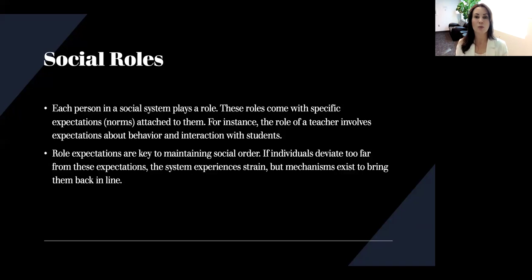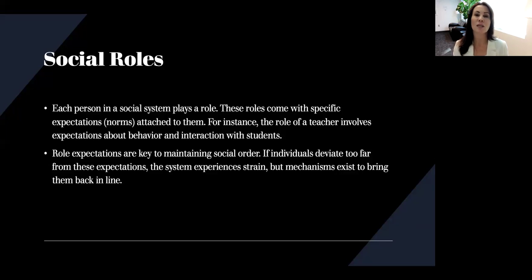So the role, for example, here on the screen, the role of a teacher involves expectations about behavior and interaction with students. As a teacher, somebody needs to come, bring their organized plan for teaching and teach students.